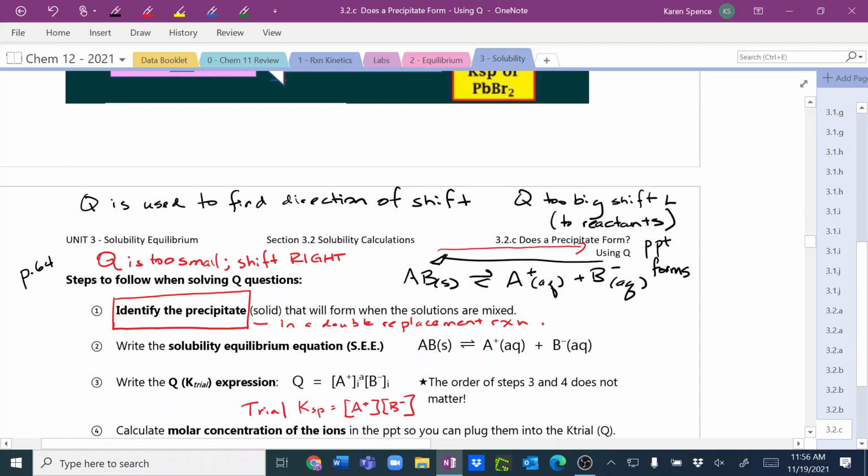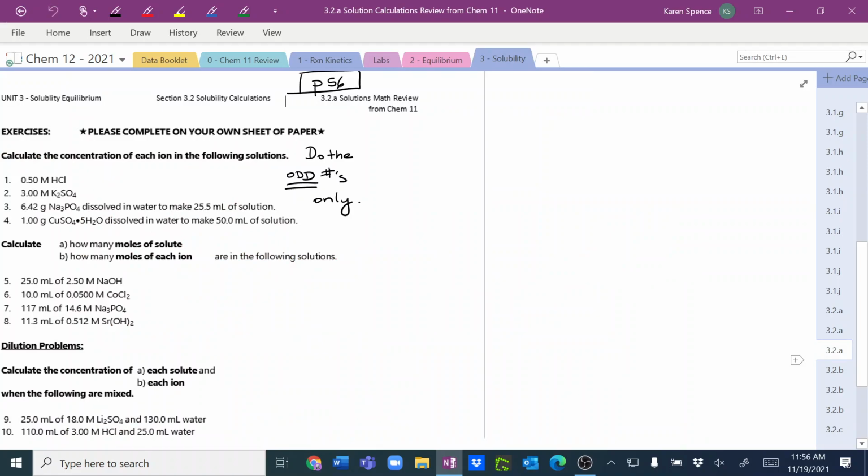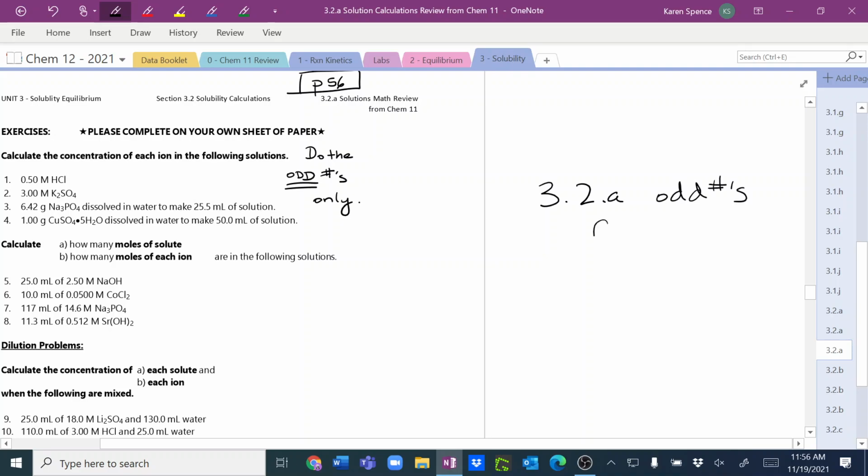So your homework, if you have not finished 3.2a, the odd numbers, finish it. 3.2b, I'm not going to get you to do all the questions.